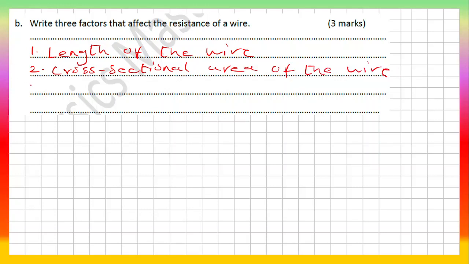And then what's the next one? Yeah, the temperature. We have talked about temperature in Ohm's law. And then we can add another one. It's always the type of material. Okay, these factors affect the resistance of a wire.